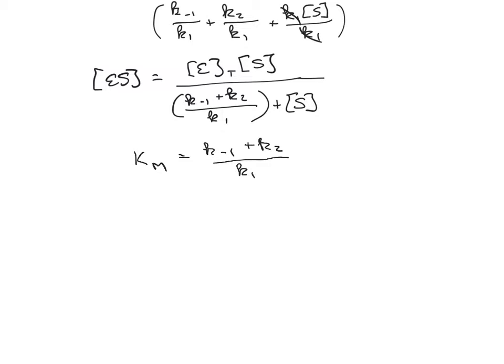So I've lumped all of my constants into one spot, given them a better abbreviation, better because it's less hard to write. And so now I've simplified my equation for the enzyme substrate complex concentration to ET, something I know because I know how much enzyme I put in, times substrate concentration, which is going to be my X when I graph this, over Km, that collection of constants, plus substrate concentration.